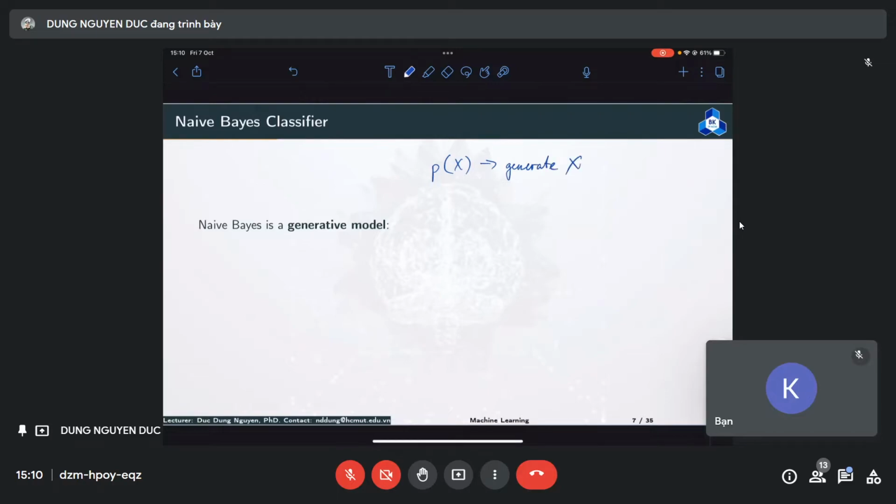Yes, right? Because suppose that I know that X will be distributed like that. This is the P(X), the probability of X. And I know for some reason that X is distributed along this value, like the mean and some other thing. So can I generate X according to this distribution? Yes, I can.